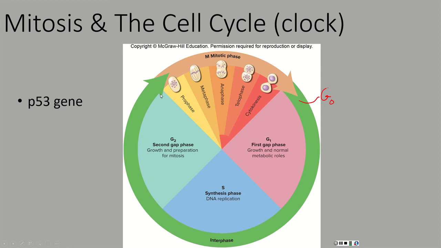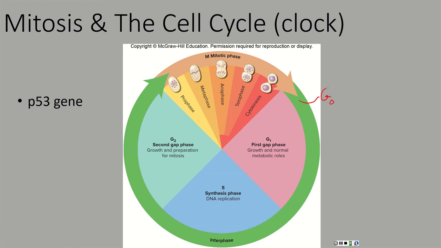But 2, let's look right at the end of G2. What if this cell has something very wrong with it? Maybe cancer. What happens if we make a duplicate of that cell? Well, now instead of 1 cell with cancer, what do we have? 2 cells with cancer.